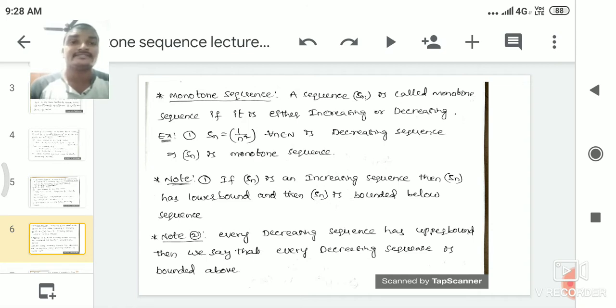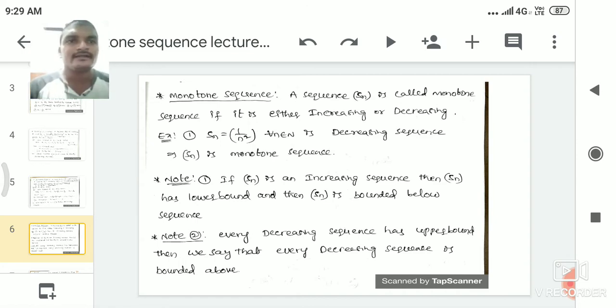If a sequence Sn is increasing, then directly we say that the sequence Sn is a monotone sequence. If the sequence Sn is decreasing, then we say that the sequence Sn is a monotone sequence. Or if a sequence Sn is both increasing and decreasing, then we also say that Sn is a monotone sequence.